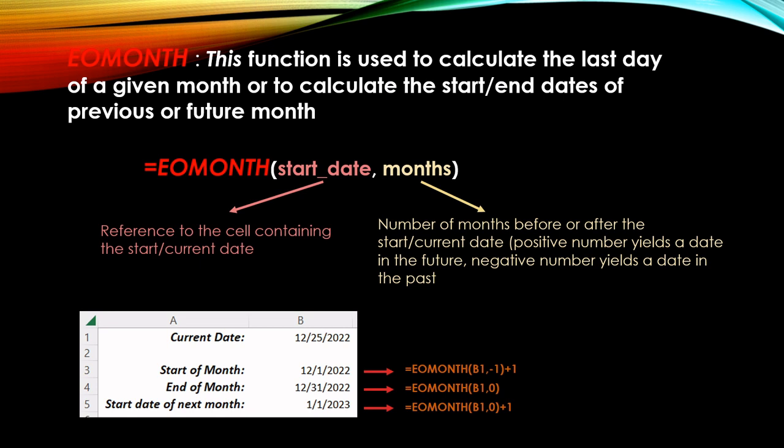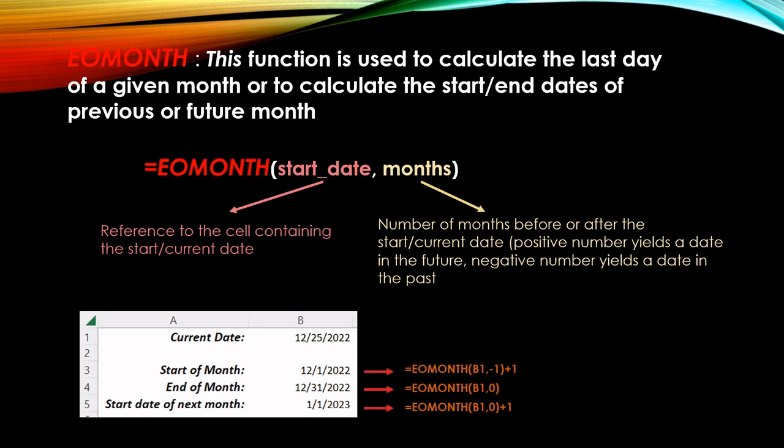So let's say we have a start date, the current date, of 12/1/2022 in the cell B3 here. We can use the EOMONTH function in a number of ways. If you want to calculate the end of the current month, we would use EOMONTH B1 comma 0.